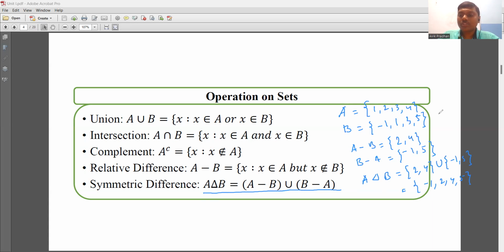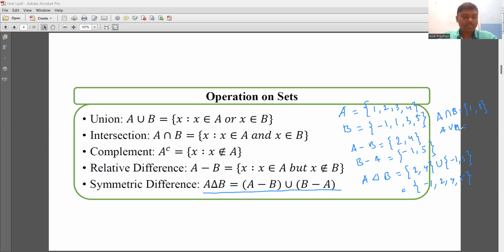Now, just look into one thing: what is A intersection B? A intersection B are the common elements, that is 1 and 3. Now, what is A union B?